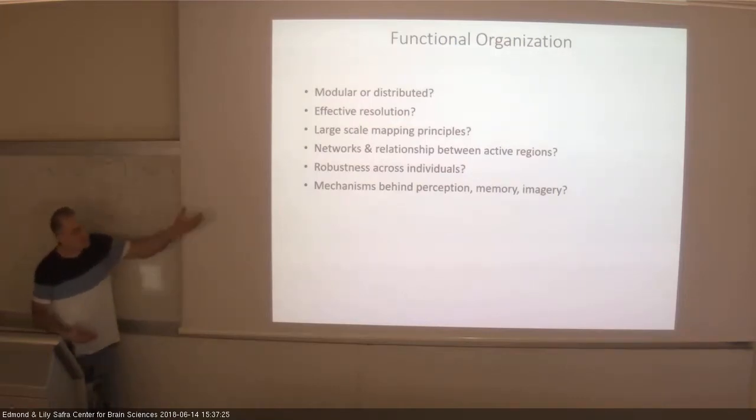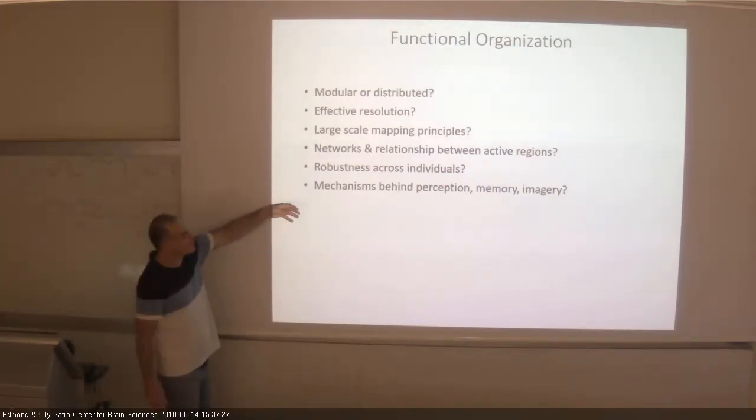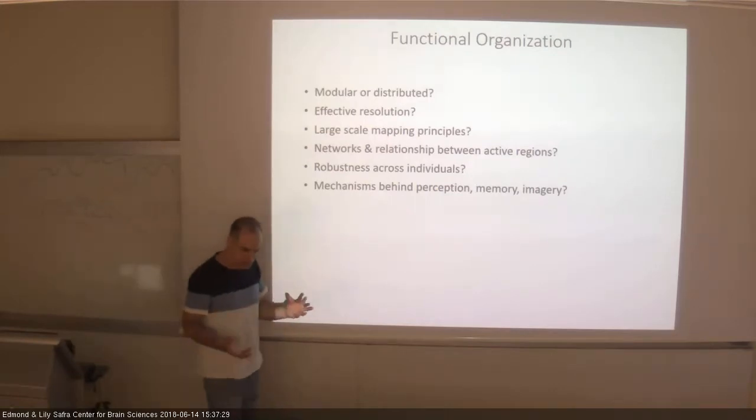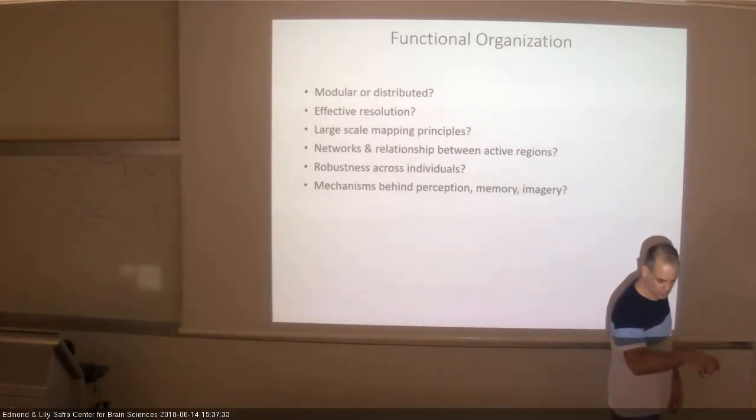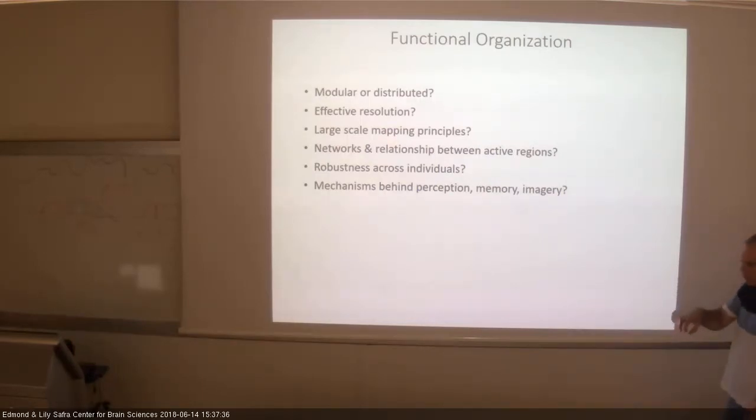But you can ask more interesting questions like, is the representation of something modular? Does it have to do only with that cluster of voxels, or is it distributed across the brain? What's the effective resolution at which this representation of, let's say, faces is kept? Is this some kind of population of voxels or population of neurons?